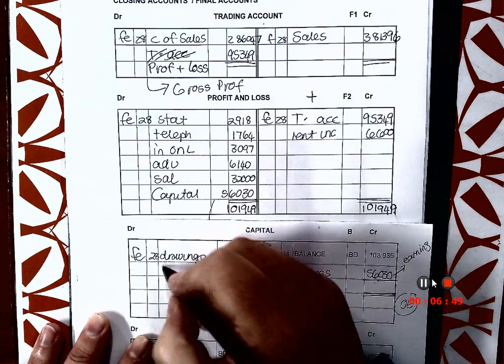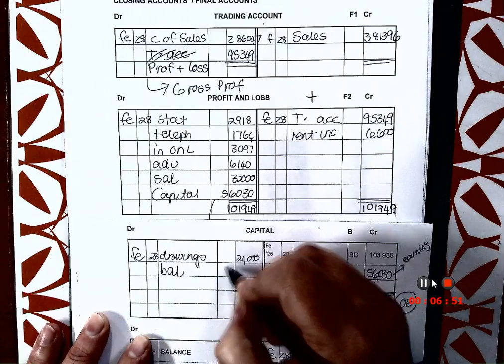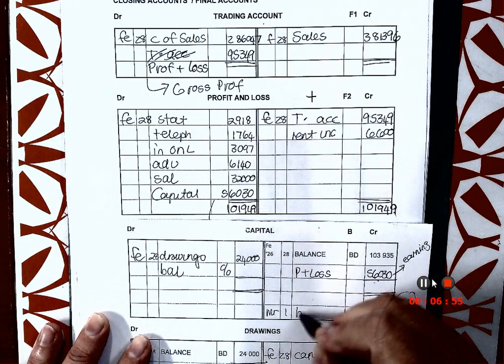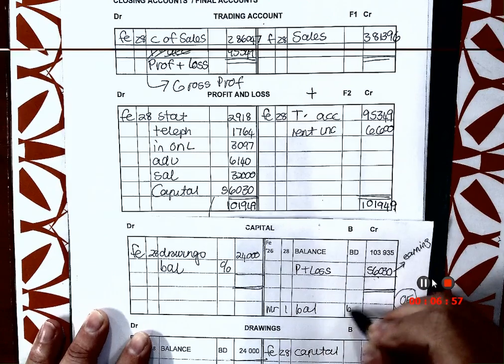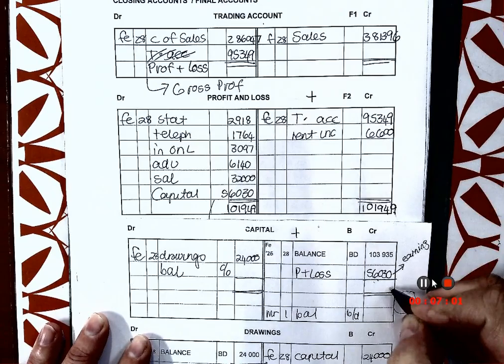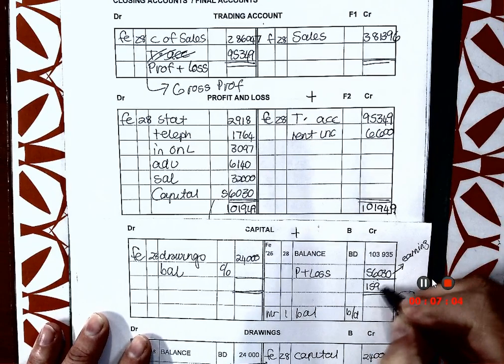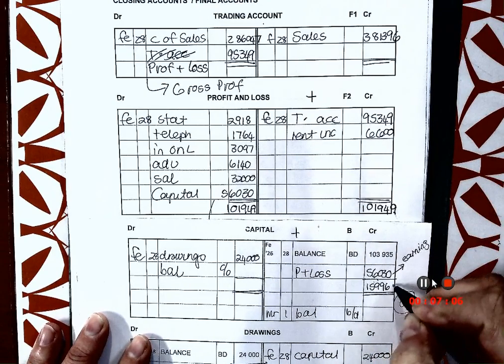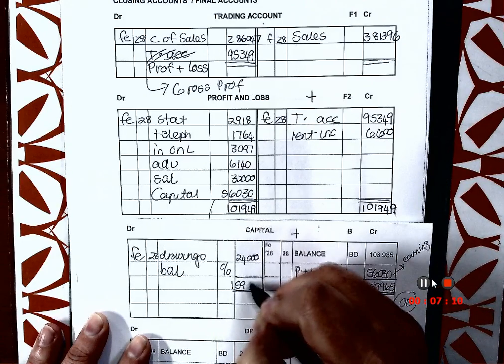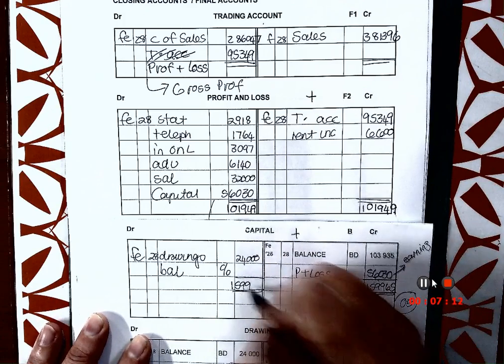So, what is my balance c/d? So let's add the plus sign. What is that? 159965.